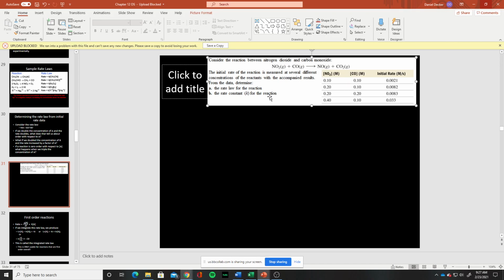So you're going to do the exact same thing in this lab that we did here in this practice problem. Only in this practice problem, we only did it for one trial, and in the lab, you're going to do it for all of them because they will all be slightly different. And so you're going to get all of those and then take an average.